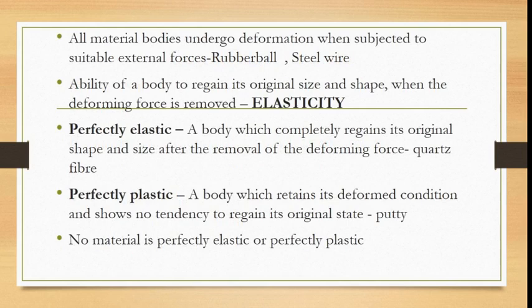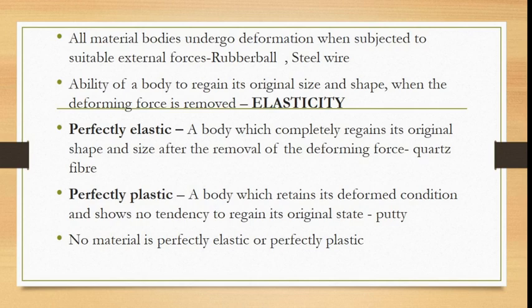So all material bodies undergo deformation when subjected to suitable external forces. When we apply force on a body, there will be some change on that body. That change is called deformation here. For example, when a rubber ball is pressed, its shape is changed, isn't it?